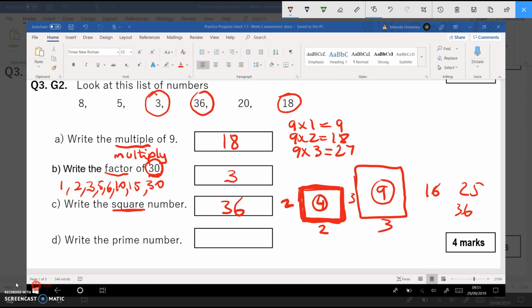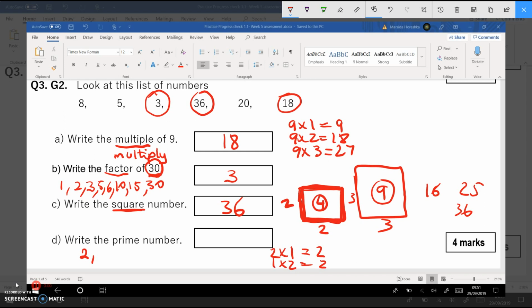Prime numbers. As we've said before, prime numbers are the numbers that can be divided by 1 and themselves and have whole numbers as answer. So the first one is 2, because 2 times 1 is 2, 1 times 2 is 2.